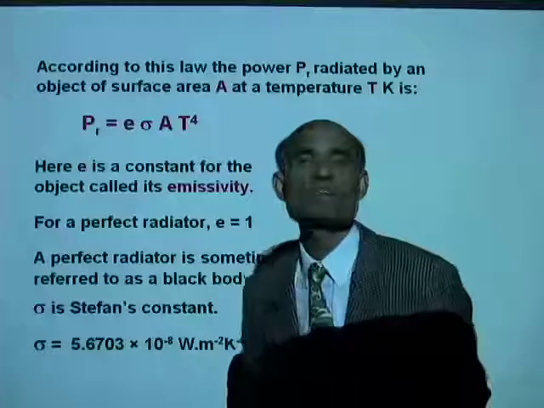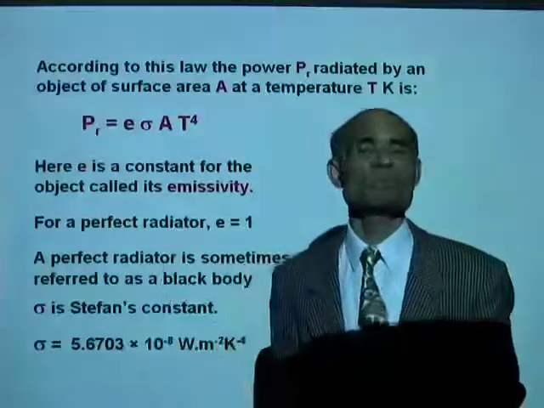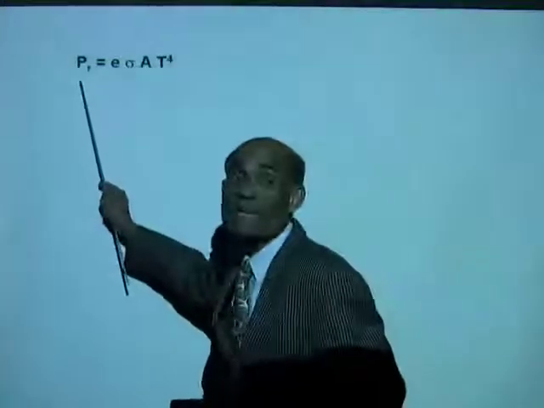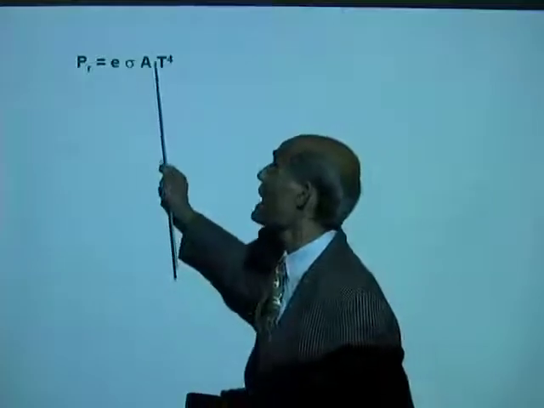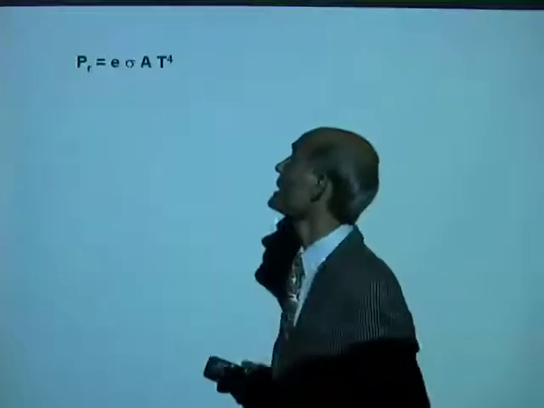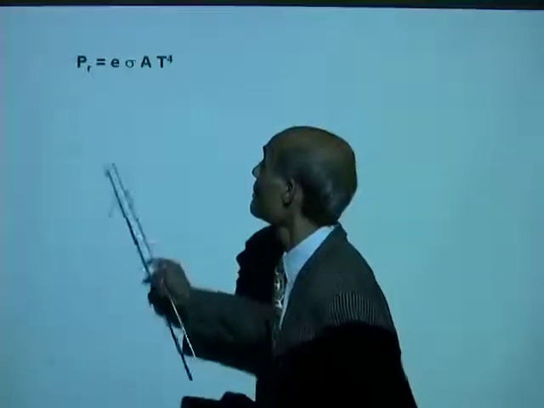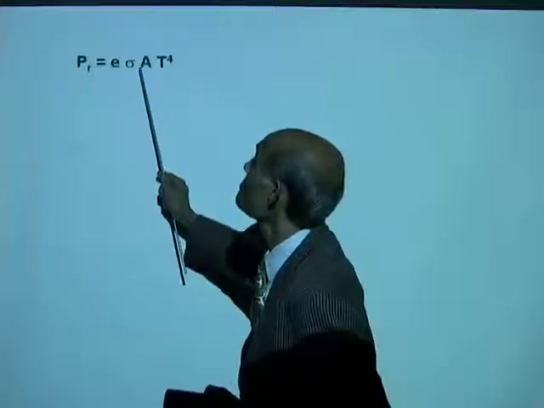Now, these values will be given to you in a problem, so you don't need to worry about it. So, the power radiated by an object of area A maintained at a temperature, absolute temperature or Kelvin temperature T, is P sub R equal to E sigma A T to the power 4.